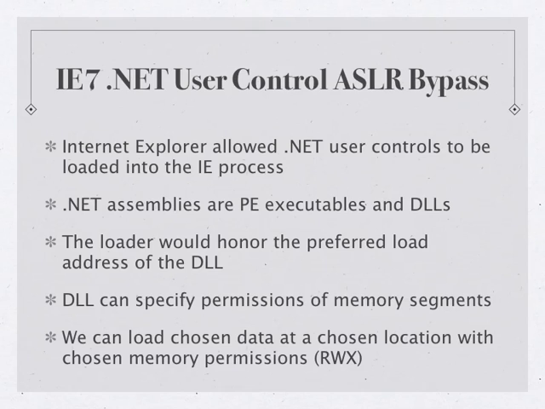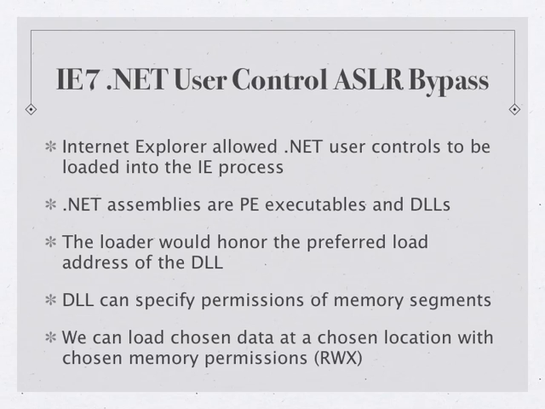So basically, before you ran your exploit, you could put your payload at a chosen memory address with readable, writable, executable memory. So you know that it loaded this .NET control and put my payload at 0x200000, and then you run your exploit and just jump to 200000. Or you could say, I want to make sure my payload is at 0x41414141.